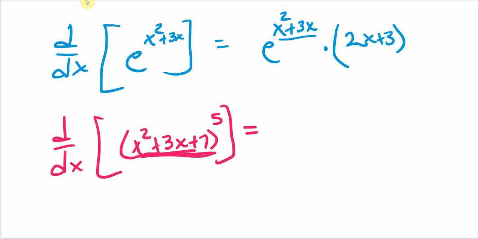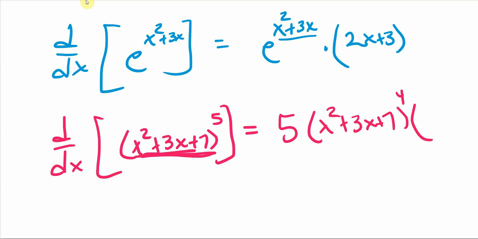So that's going to be 5 times x squared plus 3x plus 7 to the 4th times the derivative. The derivative of this is going to be 2x plus 3. And that concludes my derivative of the chain rule.